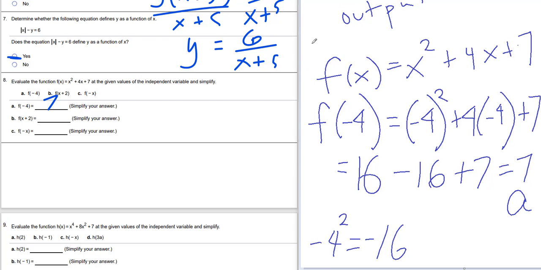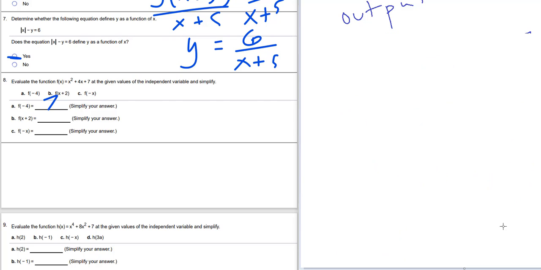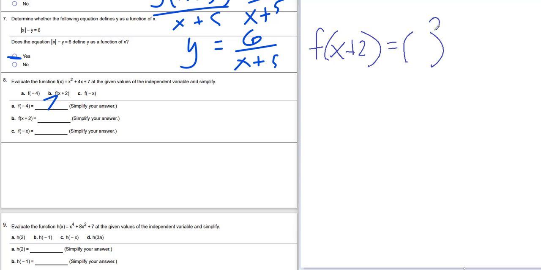In part B, they ask us to do it for a variable expression. And for the exact same reasoning, I'm going to put it in parentheses so I can remember what it is I'm trying to execute here. So if I'm trying to do f of x plus 2, that means I need to put an x plus 2 in the first x and an x plus 2 in the second x, and I need to surround it with parentheses.